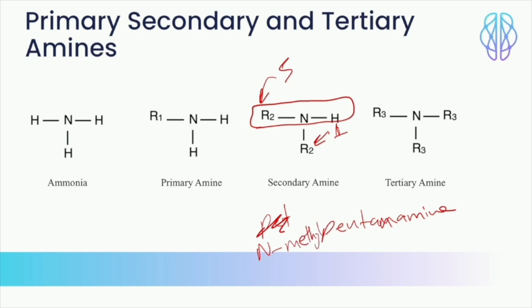So this is pentanamine, and then we have an N-methyl group attached to it. And you can think of the N representing this nitrogen. So there's an extra methyl group tagged onto this nitrogen, but the entire compound is pentanamine.